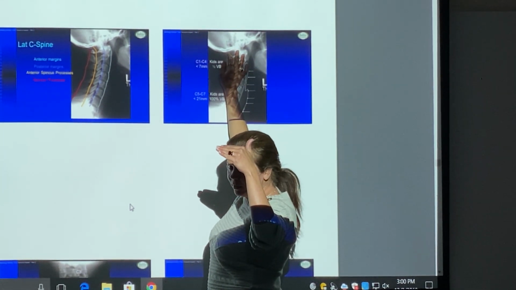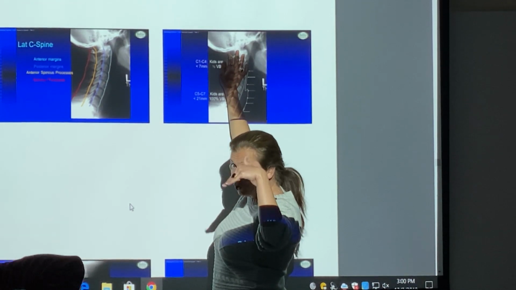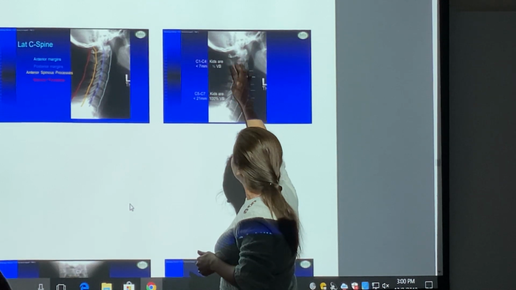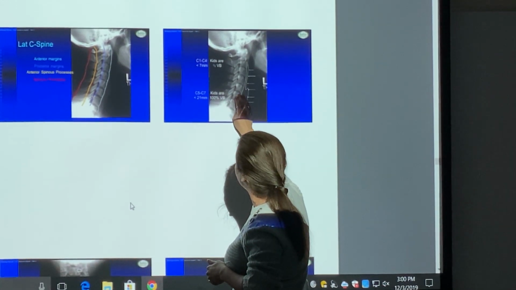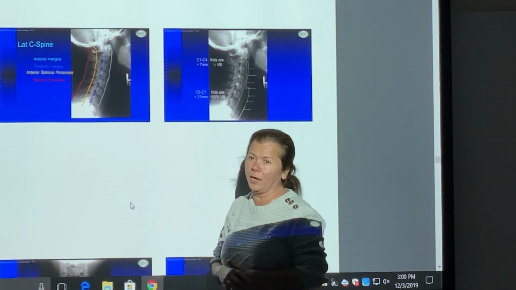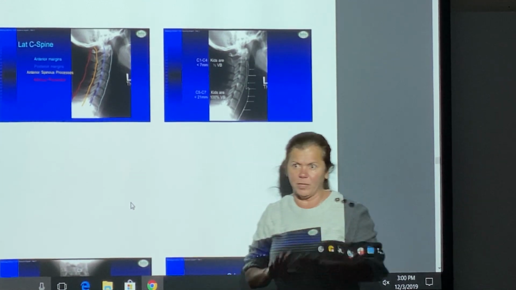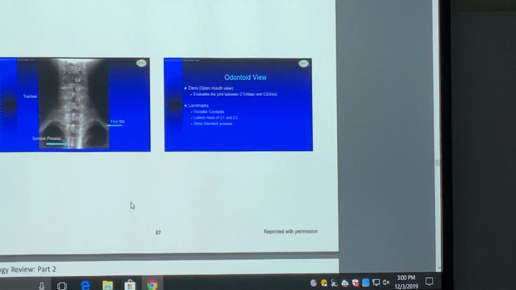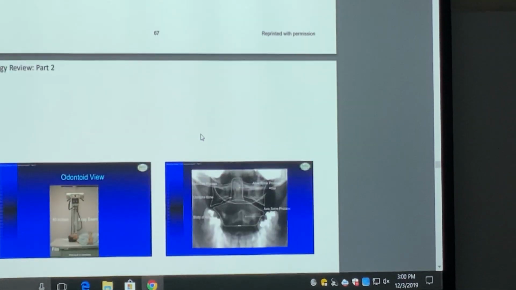Do you understand? In pediatric patients. For adult patients, we look at the separation between the condyles and the C5, C6, and it shouldn't be more than 21 millimeters. So this is what it says here.